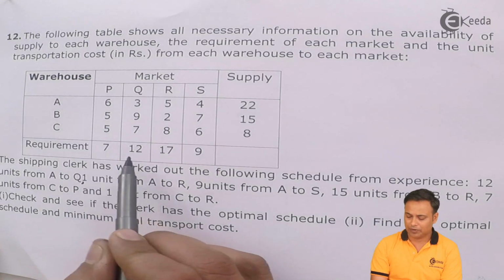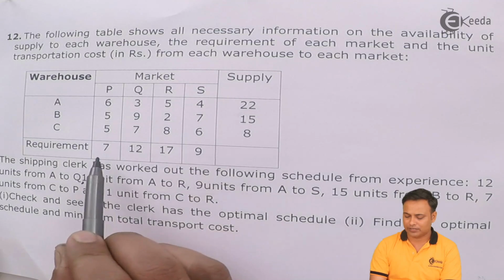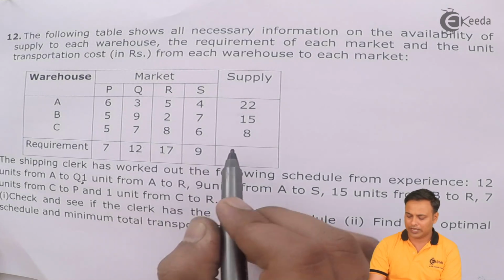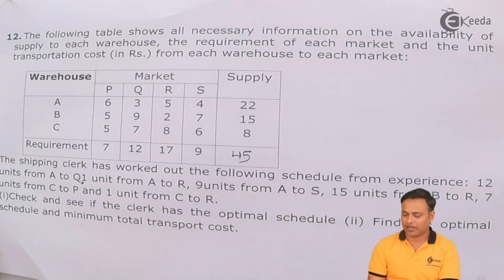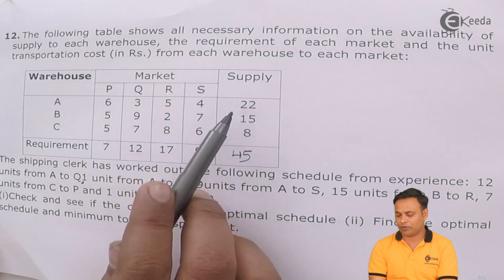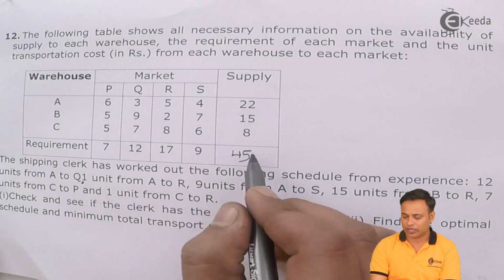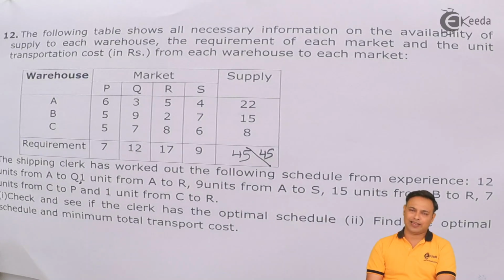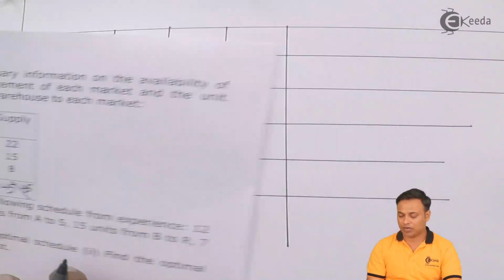So we have 7 plus 12 plus 17 plus 9. 7 plus 12 is 19, 19 plus 17 is 36, and 9 gives us 45. And our supply is 22 plus 15 plus 8, which again comes to 45. So my problem is balanced. So you can just note down the problem now.